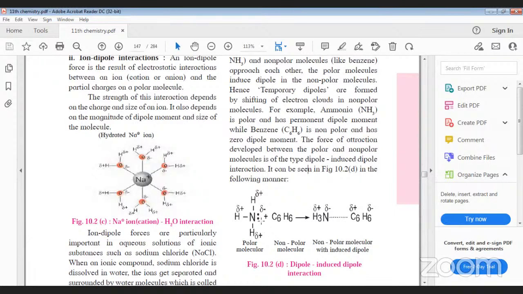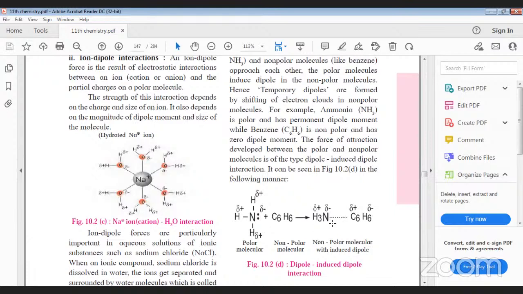What happens between these two is a force of attraction. This nitrogen has a lone pair of electrons, and it creates a force of attraction on carbon. As nitrogen creates a force of attraction on the carbon, nitrogen is negative and carbon becomes positive.